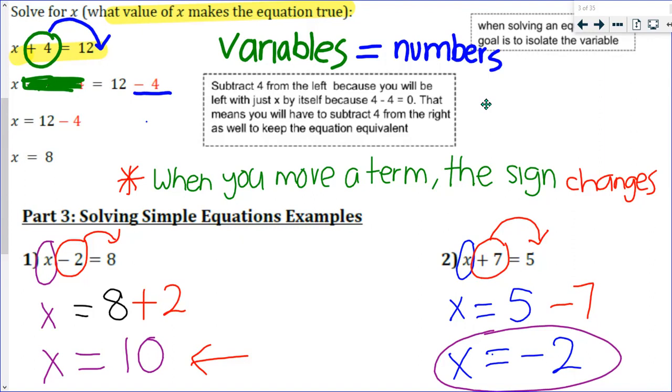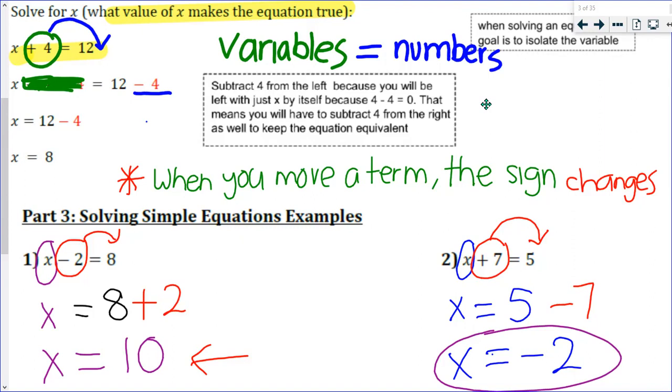Okay, so that's what I mean when you move a term, the sign in front of it changes. Now the unit guides that you have were written a while ago, before I was even a math teacher. There's a strategy in there, but in my lessons, I'm trying to teach you the easiest strategy with the least amount of steps. The unit guides are a little bit more detailed. They want you to balance both sides.